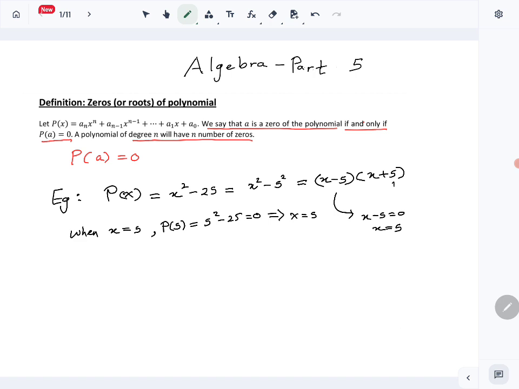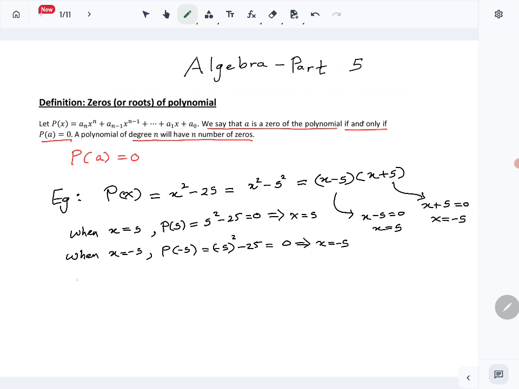Then you can do the same thing for the second factor, equal it to 0 and solve for x. Then you will get the second zero. You can verify that by substituting it into the polynomial. So what is happening when it is minus 5? P of minus 5: minus 5 squared minus 25, again 25 minus 25, 0. So that means x equals minus 5 is also a zero.